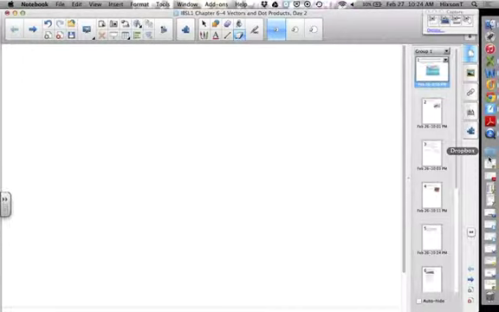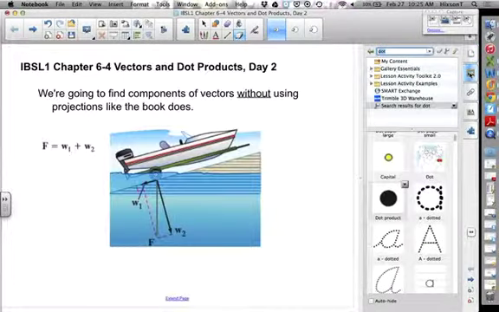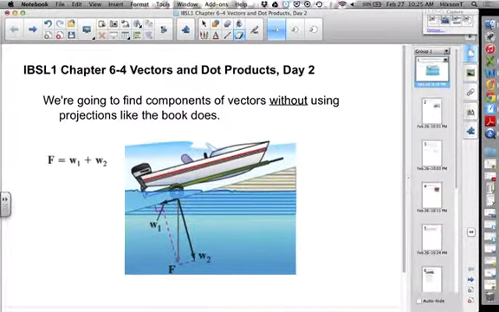So, kind of a familiar diagram. We had a problem similar to this earlier. But I want to revisit this because your book actually covers a concept called projecting one vector onto another, and it finds components that way.